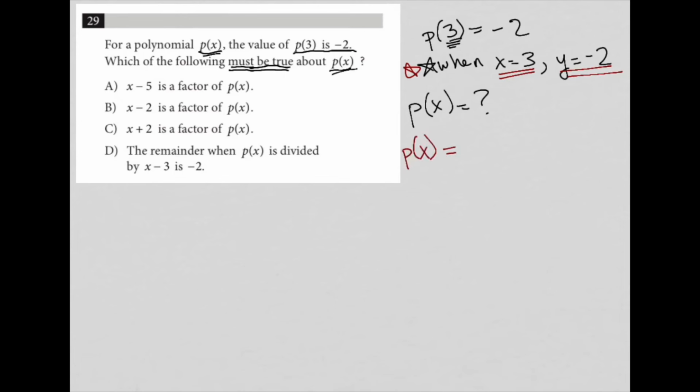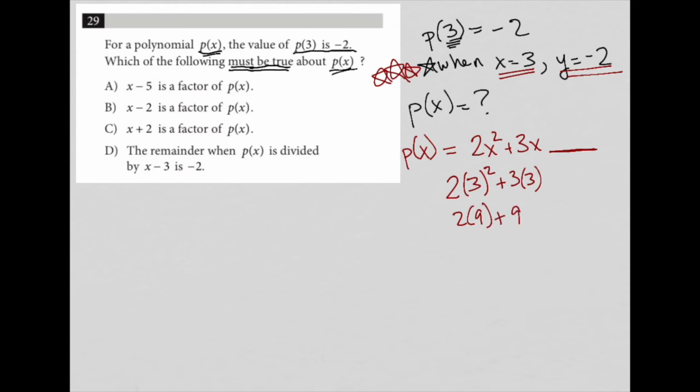Let's say I have 2x squared plus 3x. Let's keep the numbers small. And then I'm going to leave this blank for right now because I'm going to put whatever number is necessary in order to make this statement true. So what do I know? I know that when x is 3, so 2 times 3 squared plus 3 times 3, simplifying that, I get 2 times 9 plus 9, because 3 times 3 is 9.